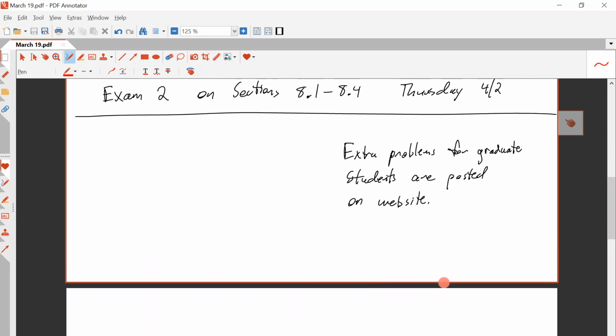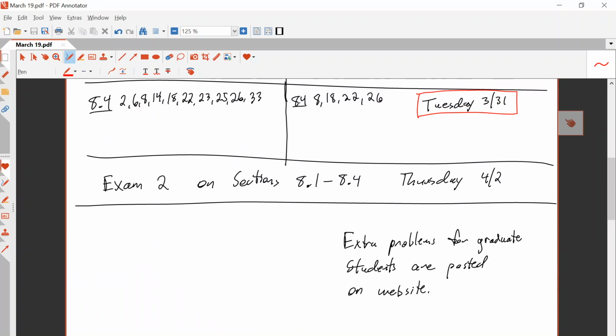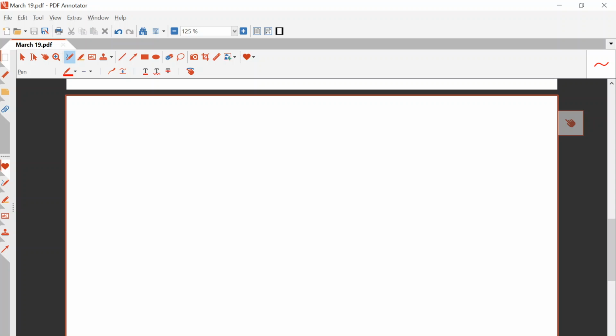Extra problems for grad students are posted. So let's go over some information for the problems in section 8.2. All right, so in section 8.2, number 18.